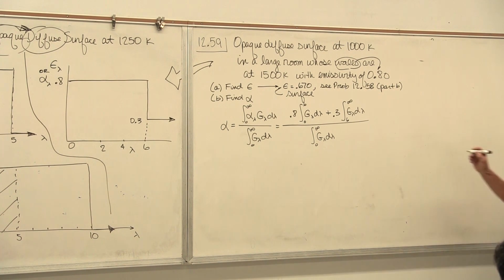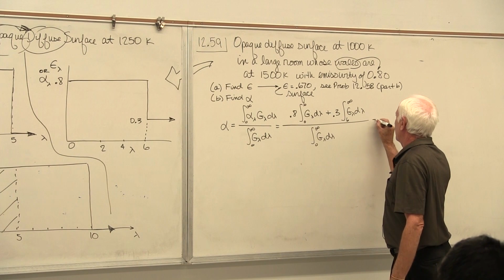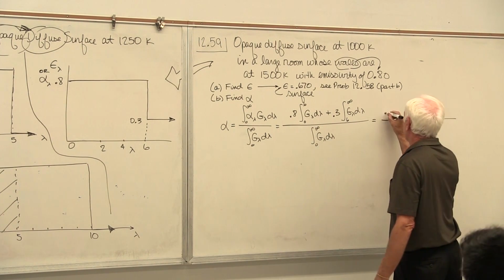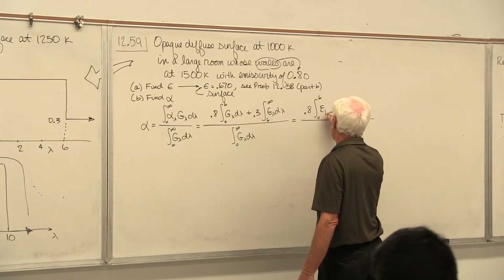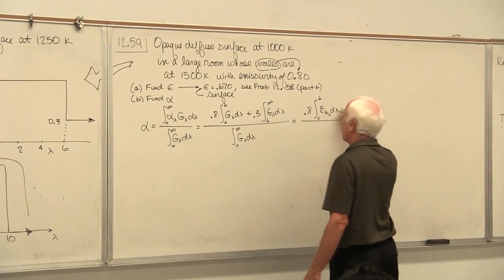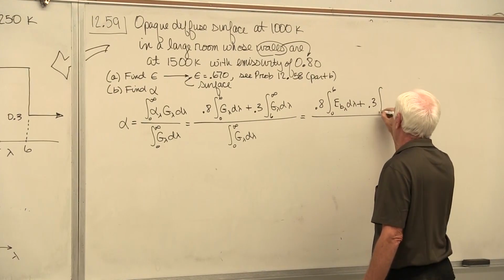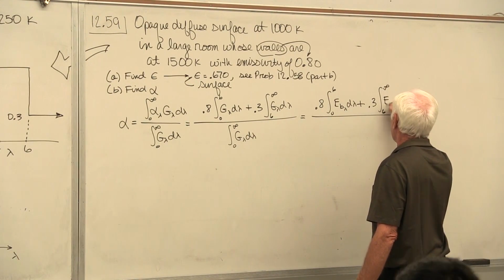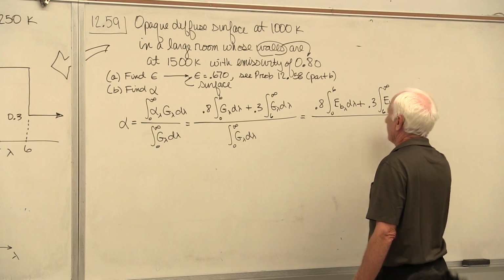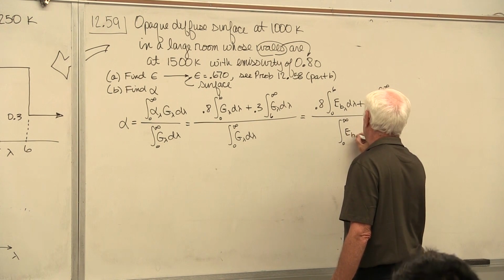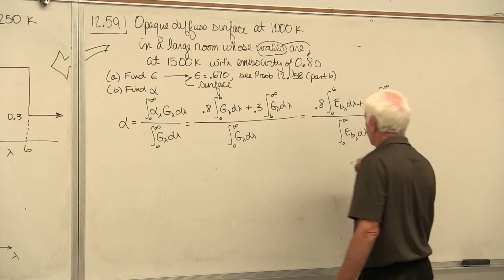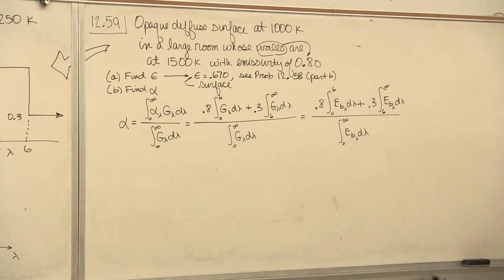All right, so that becomes this, divided by this, where I replaced the G lambda with an EB lambda.